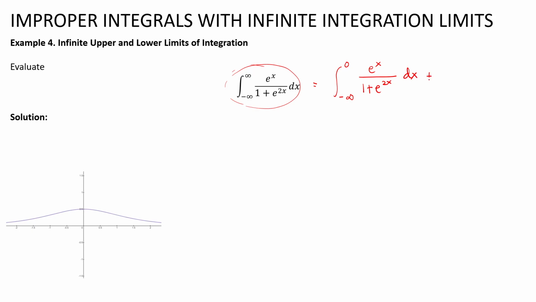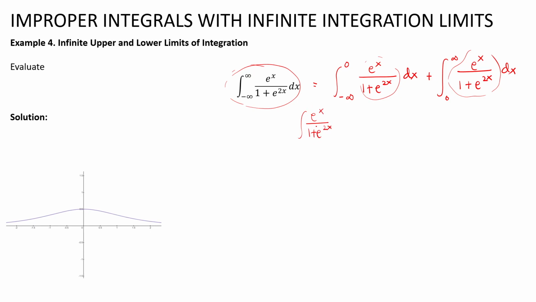And then plus 0 to infinity, e to the power of x over 1 plus e raised to 2x dx. Since both terms have the same function, you can integrate this one separately first. So e to the power of x over 1 plus e to the 2x.